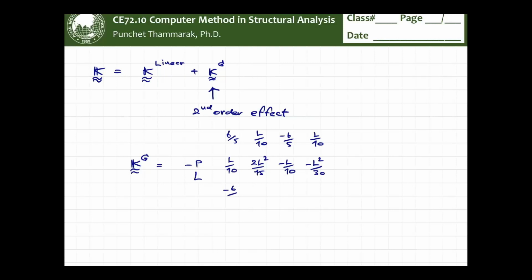Minus 6/5 minus L over 10. 6/5. Minus L over 10. L over 10 minus L square over 30. Minus L over 10. Minus 2L square over 15.